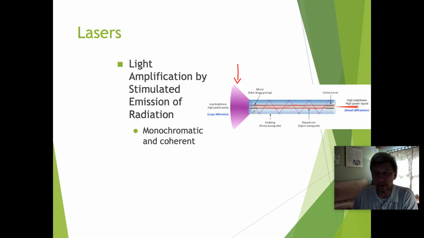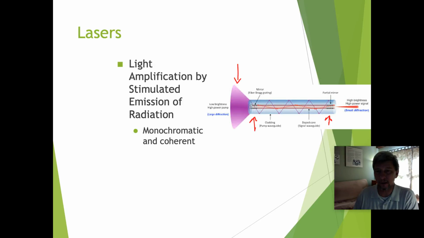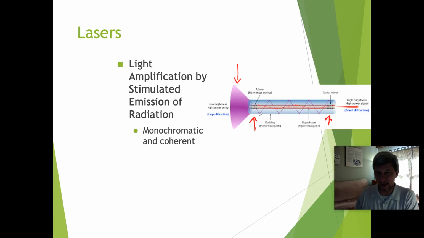All right, the mirrors are here and here, and the one on the right side has a tiny little hole in it. The light is originally fired out here, but when it starts striking the two mirrored surfaces, you can see that its amplitude has decreased considerably.